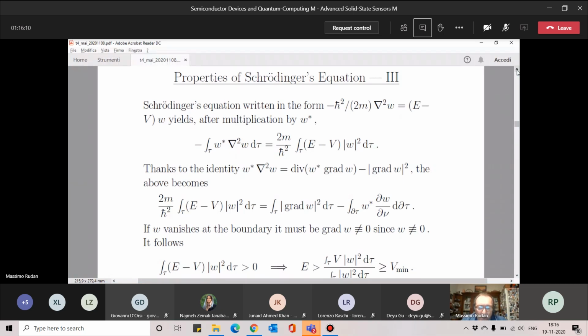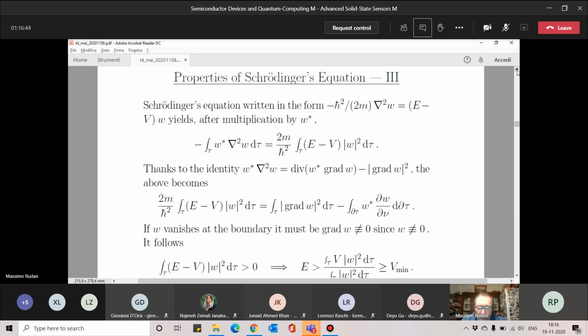this expression into the integral on the left, and then you split the integral. So what you get is that 2m over h bar squared times the integral of E minus V times the square modulus of W integrated over some volume is equal to, then you have the gradient of W squared integrated over the same volume, and then you have the integral over the same volume of the divergence.